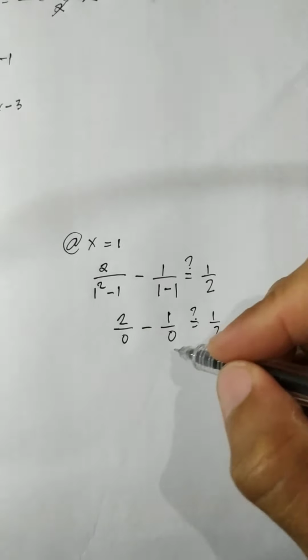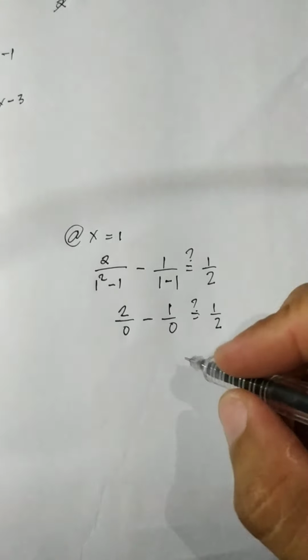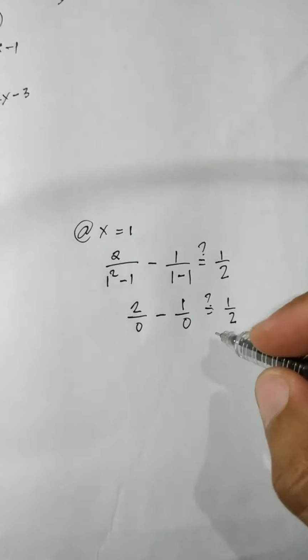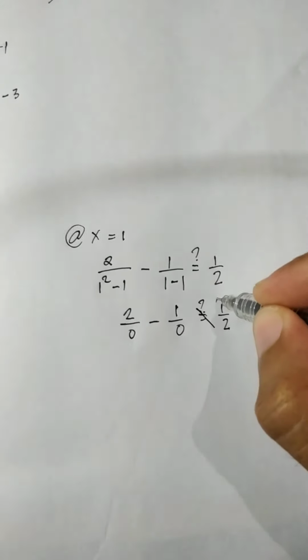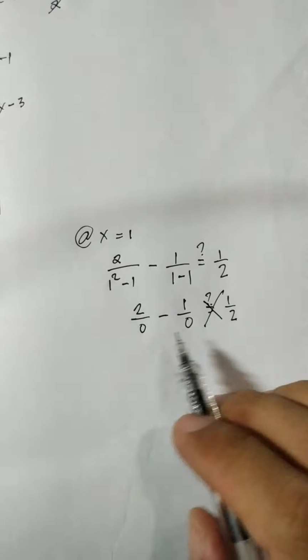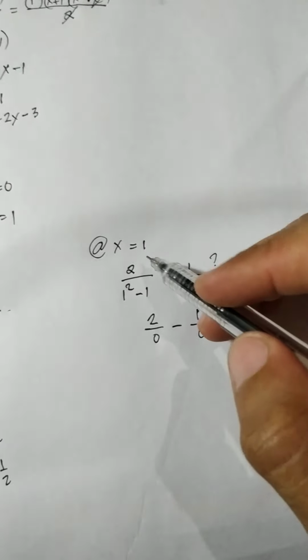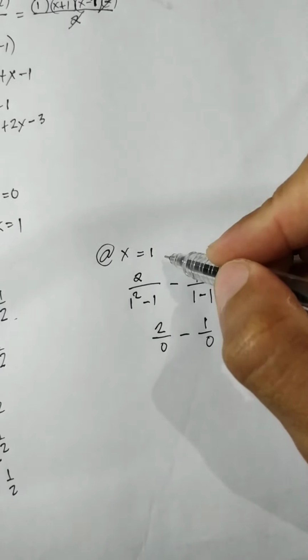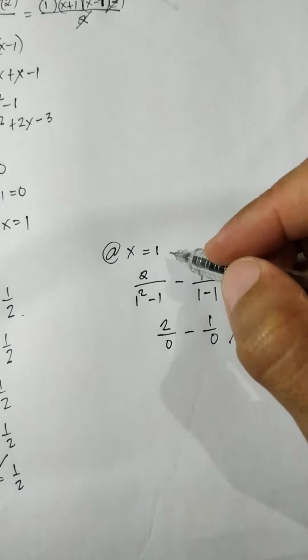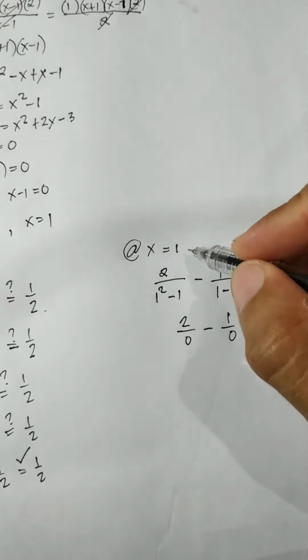Therefore, since this is undefined, this expression is not equal. Because we have 0 here, it is undefined. So therefore, x equal to 1 is an extraneous root. So it is not part of our solution.